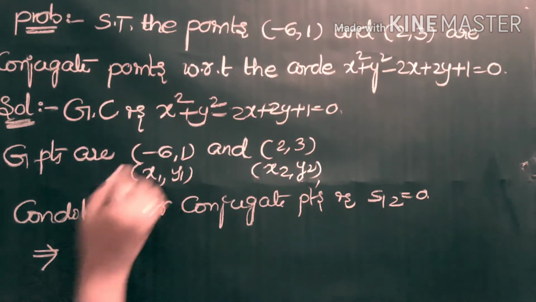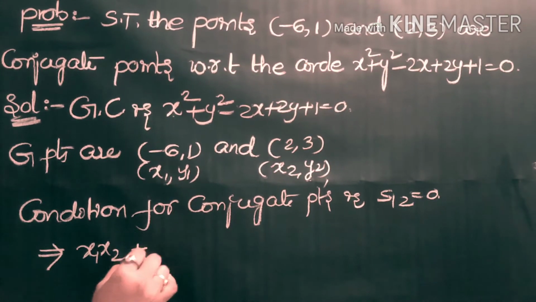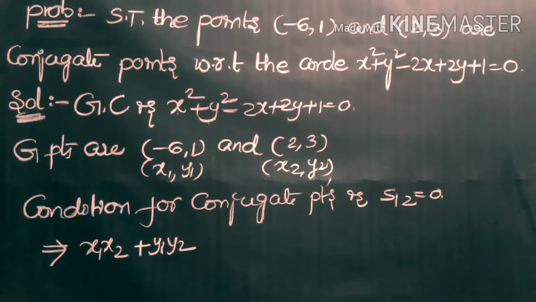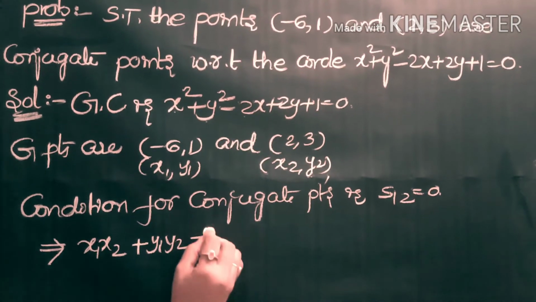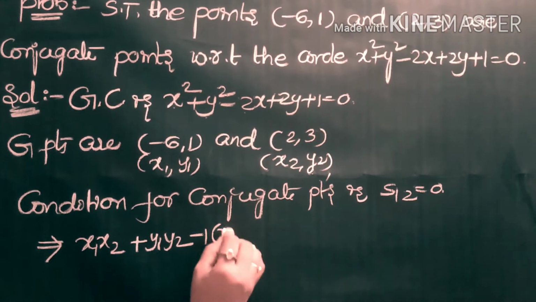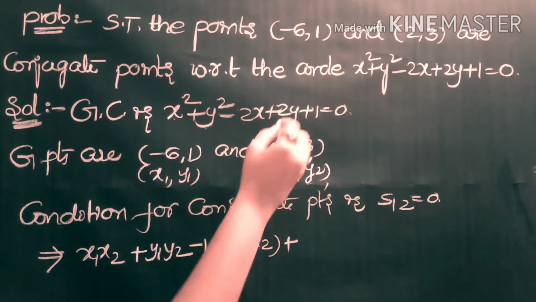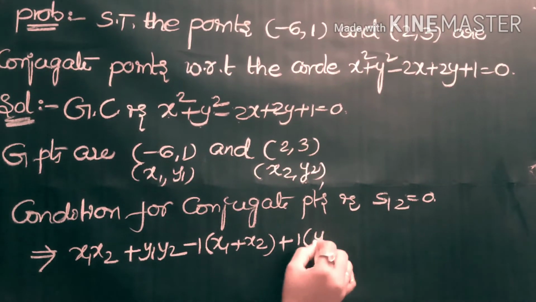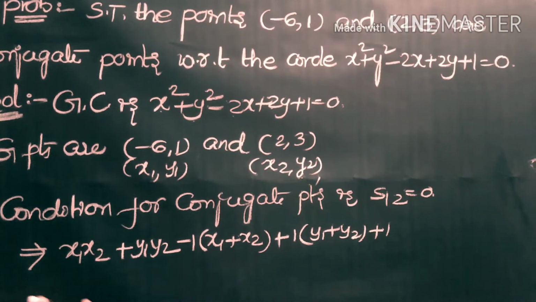In place of x² we take x1x2, plus in place of y² we write y1y2, minus, taking half of the value 2, that is 1, times (x1 + x2), plus, taking half of 2, that is 1, times (y1 + y2), plus 1.